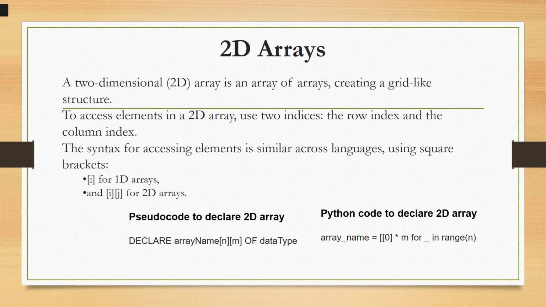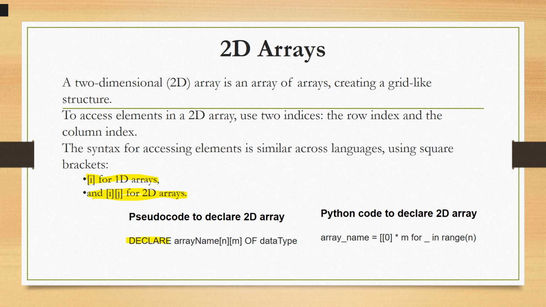To access elements in a 2D array, you will be using two indices, the row index and the column index. The syntax for accessing an element is similar across languages, using square brackets. This is for a 1D array, single, and for a 2D array, we will be using two square brackets.